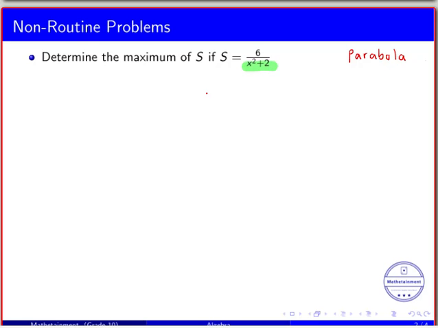When you want to maximize a fraction, that is equivalent to minimizing its denominator. The moment your denominator becomes very large, then your fraction becomes very small. And the moment your denominator becomes very small, the fraction itself becomes very large.